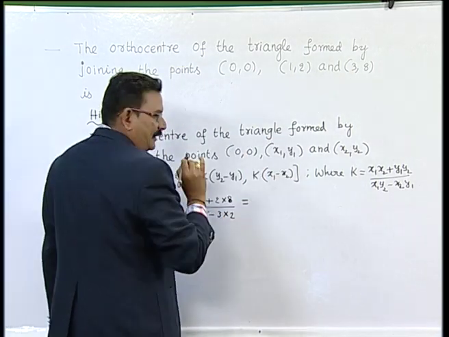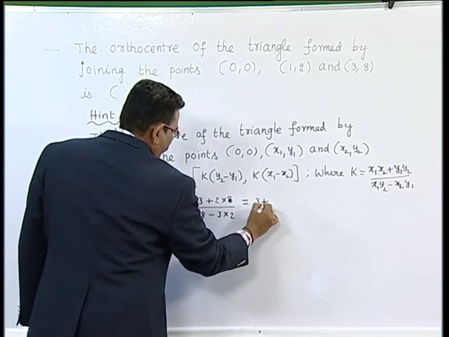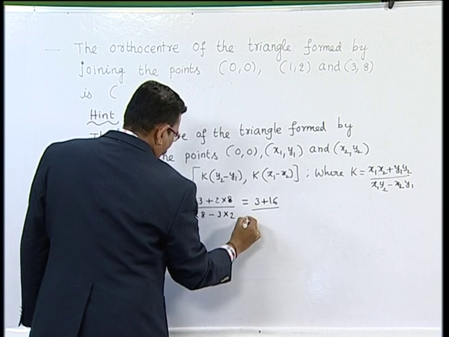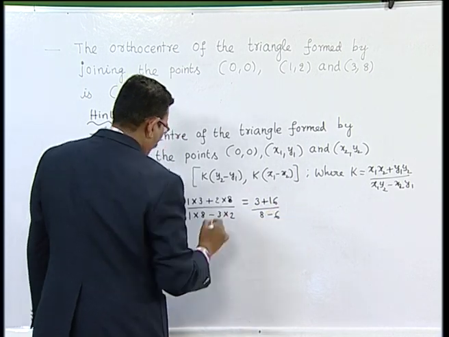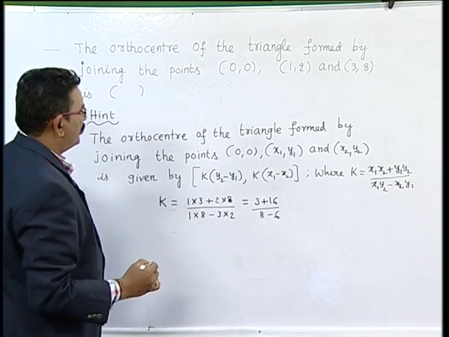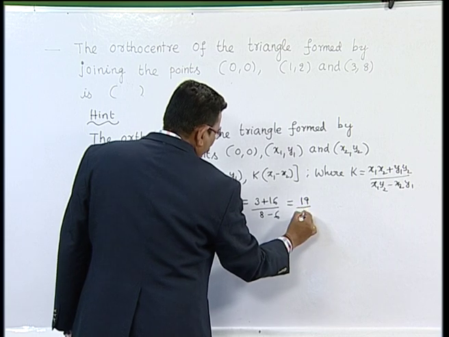Let us simplify: 3 plus 16 upon 8 minus 6. So this is equal to 19 by 2, this is the k value.